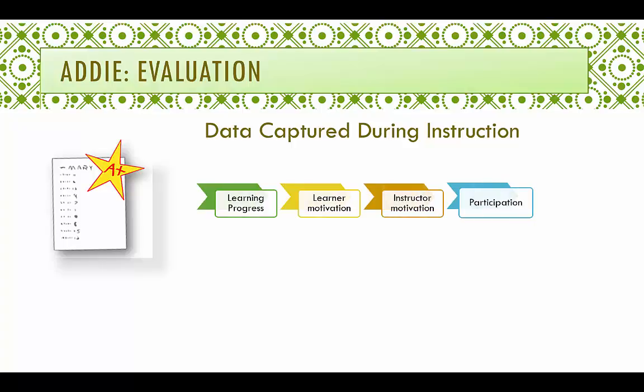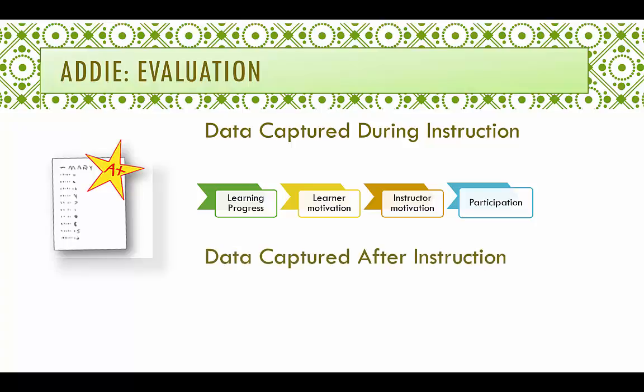The evaluation phase captures data during and after the delivery of instruction. Data captured during instruction includes how learners are progressing, how motivated the learners are, how motivated the instructors are, and student participation in activities and assignments.